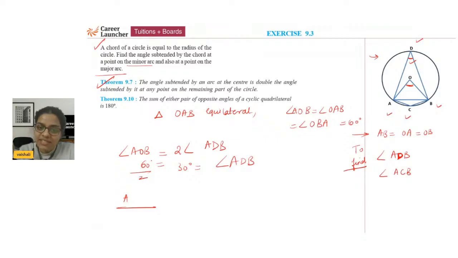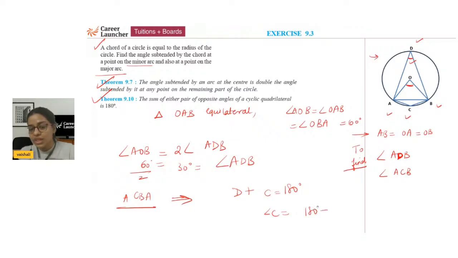So can I say we are dealing with a cyclic quadrilateral? If yes, the sum of the opposite angles, which is A and C, must be equal to 180 degrees, right? As per theorem 9.10. So it means my angle C is automatically equal to 180 minus 30, which is 150 degrees. That is the answer. And we are done with this question also.